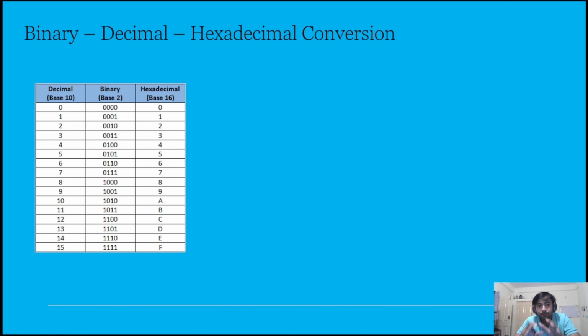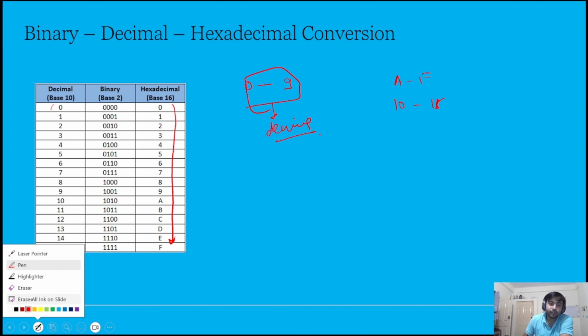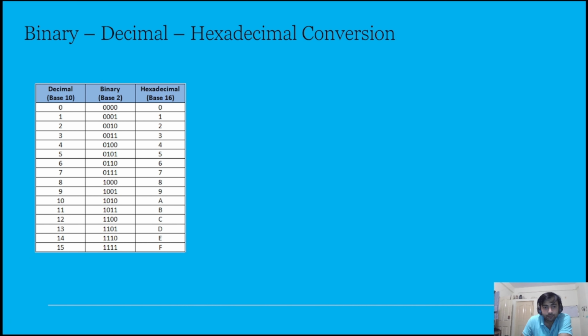Now we'll move to something very important nowadays, which is used in MAC addresses as well as IPv6: hexadecimal. Hexadecimal is represented from 0 to F. It is in two sets, 0 to 9 and A to F. A to F is 10 to 15, and 0 to 9 is the same as decimal. So quickly we'll see how to convert this to hexa.